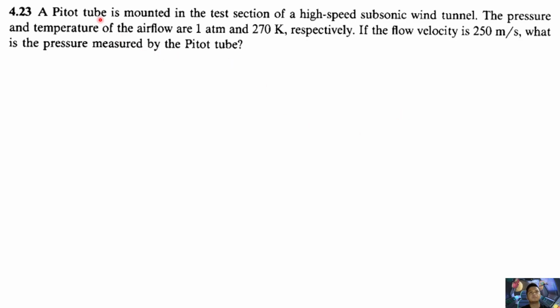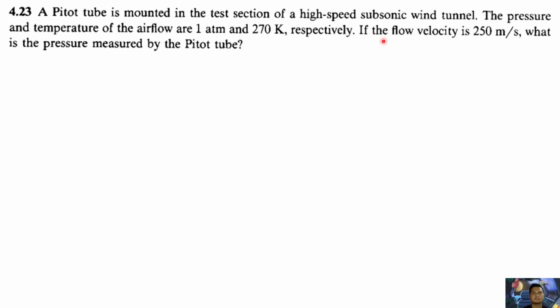A Pitot tube is mounted in the test section of a high-speed subsonic wind tunnel. So, high-speed subsonic wind tunnel, compressible flow. The pressure and temperature of the airflow are 1 atm, 270 Kelvin respectively.